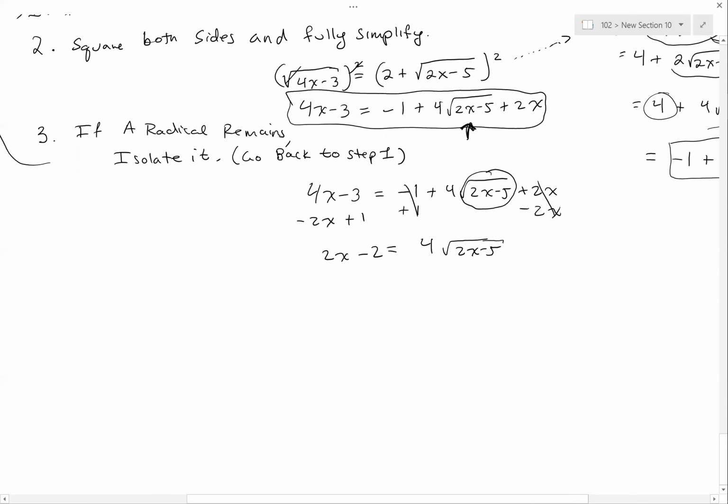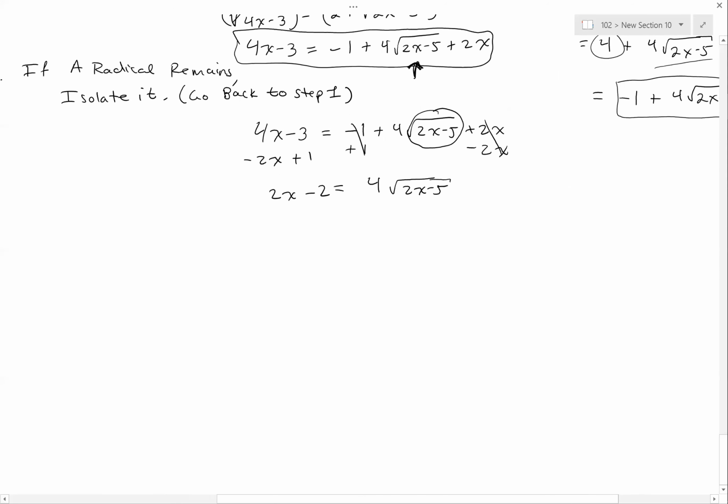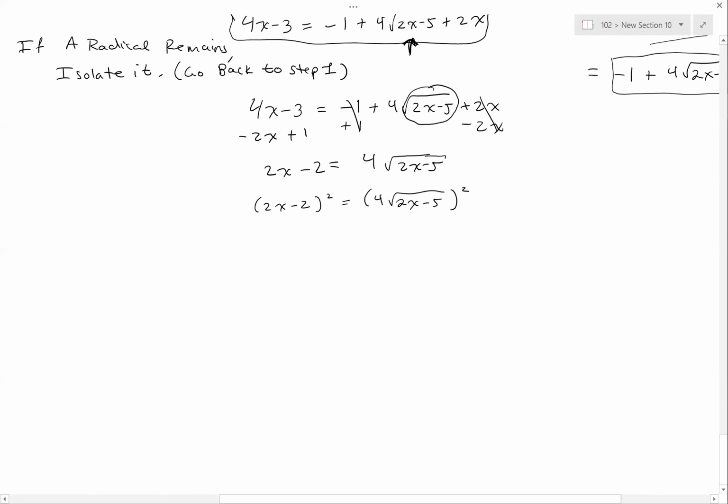So if in step 3 a radical remains after simplifying, isolate it again, and you're going to go back to step 2, and then you're going to square it again. So now I'm going to square both sides. If I square the left-hand side, I will end up with 4x squared minus 8x plus 4.